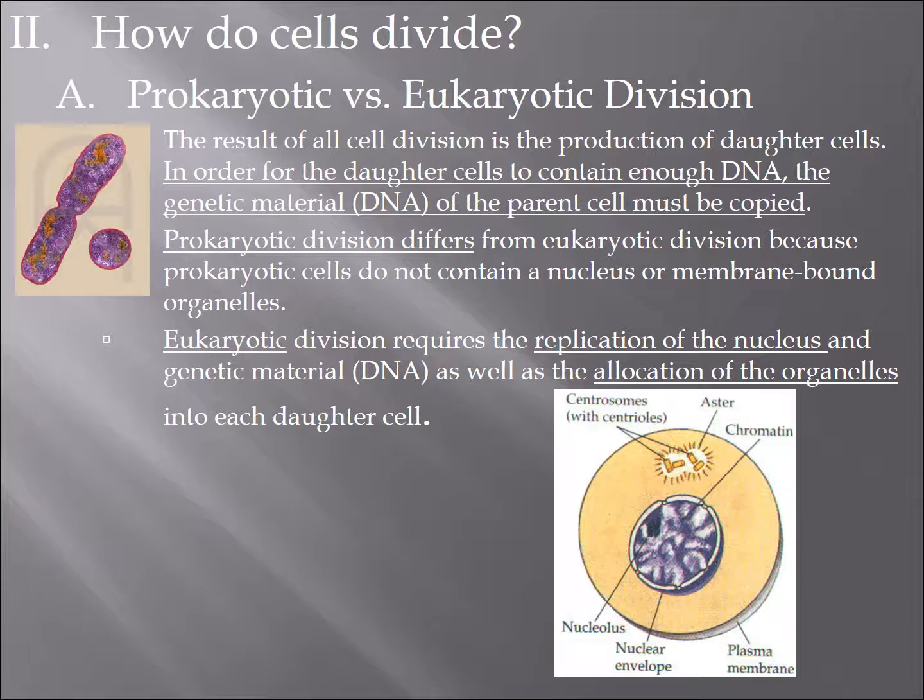Eukaryotes do have a nucleus, and they also have to replicate the nucleus and the genetic material, as well as decide who's going to get how many of each organelle. It's like a divorce. You're going to get a little bit of this, and you're going to get a little bit of this, but it makes it a little more difficult.